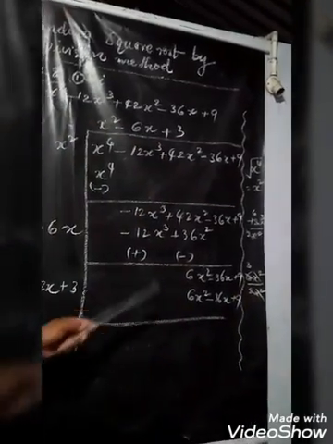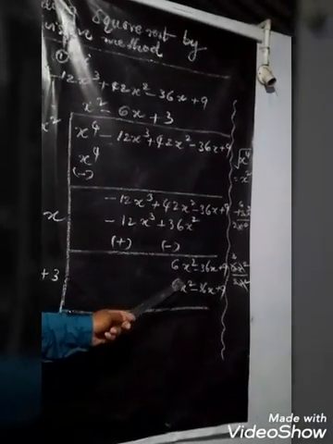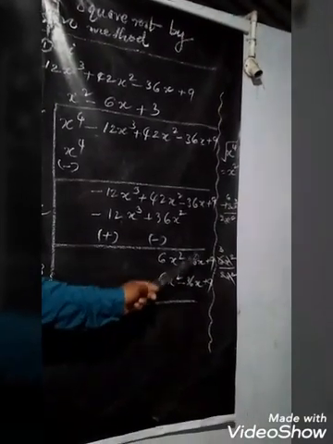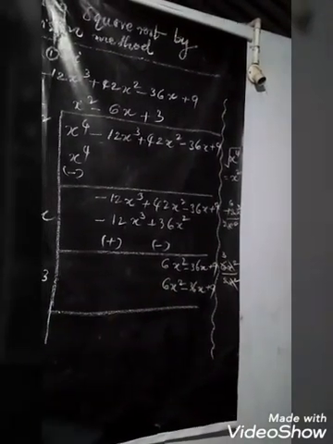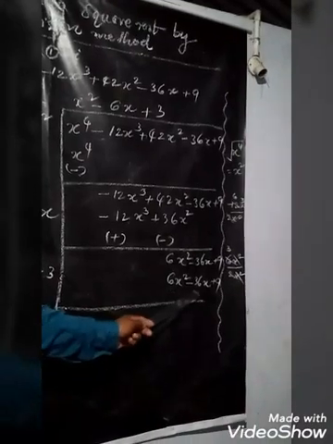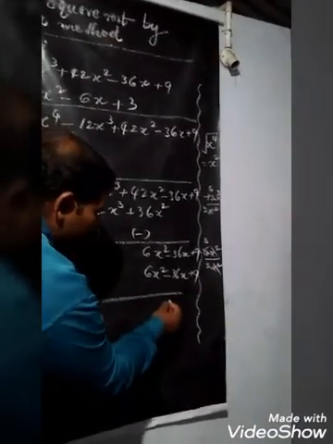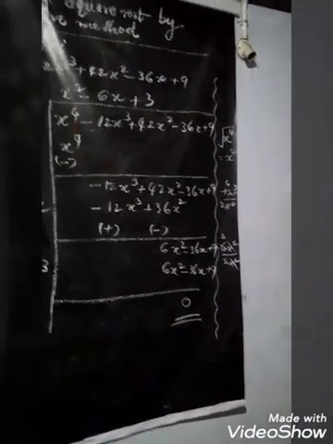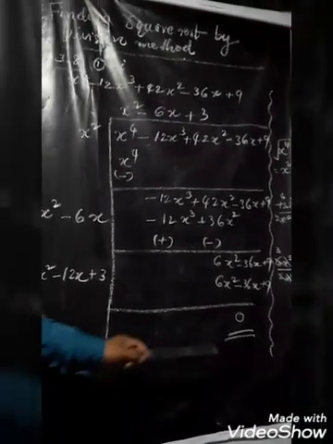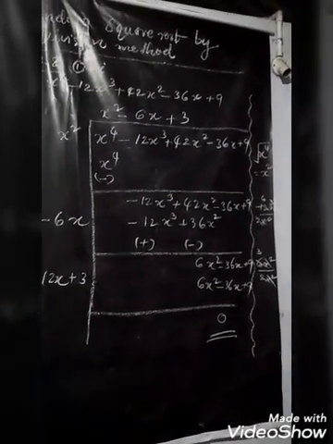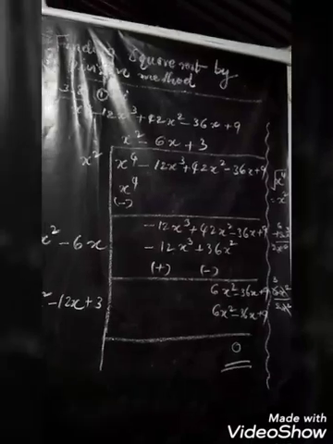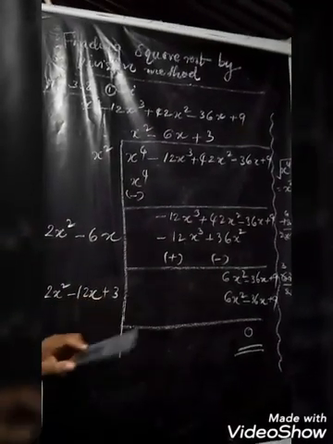So in the last third stage all the terms are the same. After subtraction, or changing the sign and adding, you will get 0. So the remainder will be 0. After getting the remainder 0, the long division process is completed.